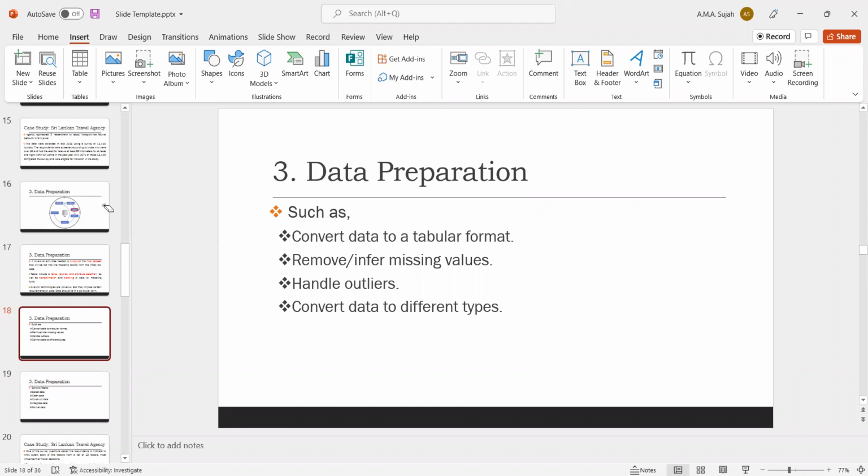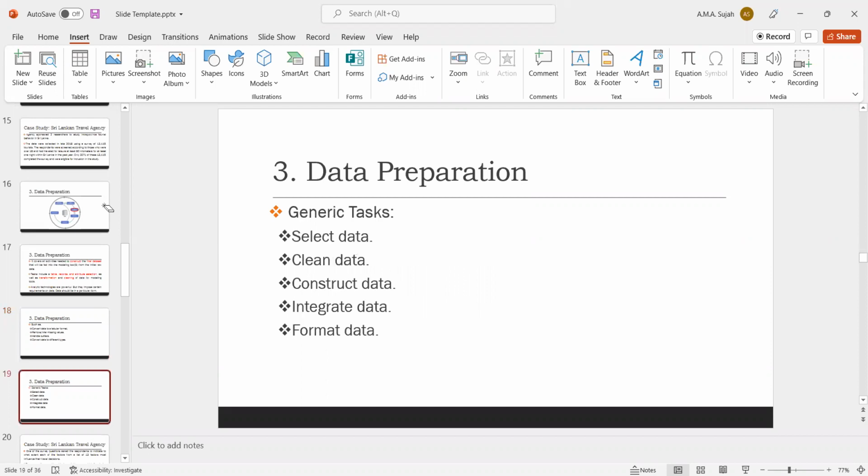Sometimes we convert the data type into different types, nominal to numeric, numeric to nominal. It depends on the data analytic techniques we are applying. So we must think about all the data preparation before we implement the model.